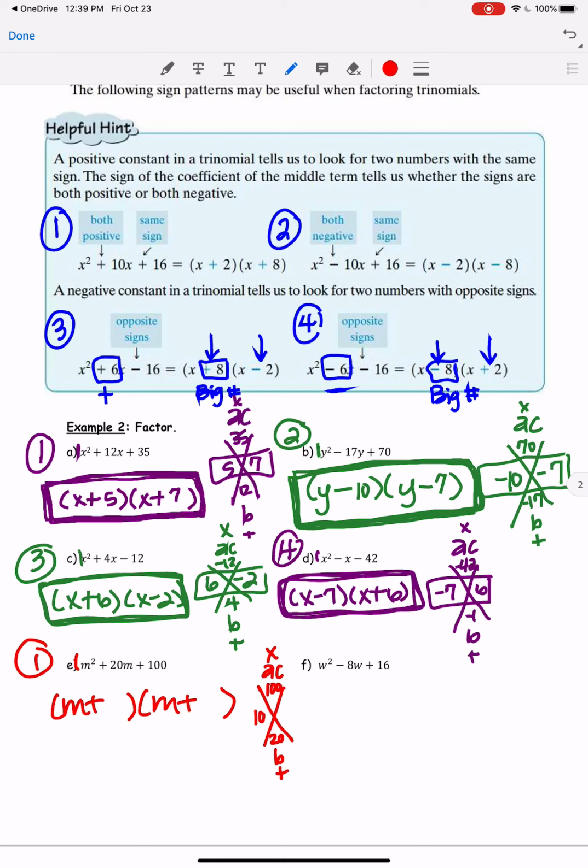And that's going to be 10 and 10. So I've got m plus 10 and m plus 10. Now, when this happens, when you have the same binomials that multiply together to get your trinomial, you do need to condense this to get m plus 10 quantity squared.